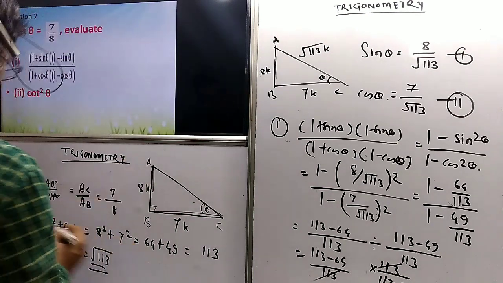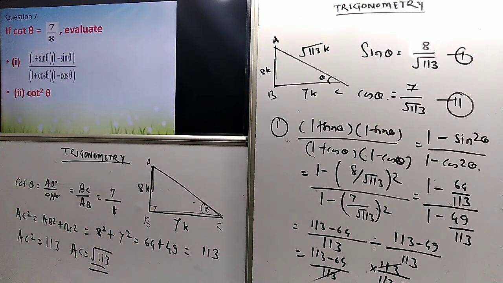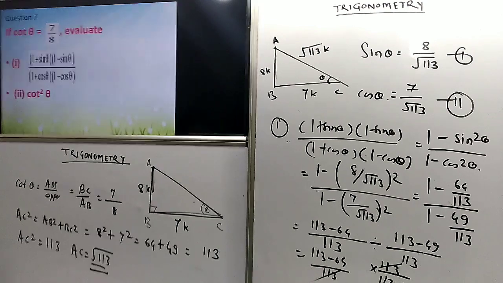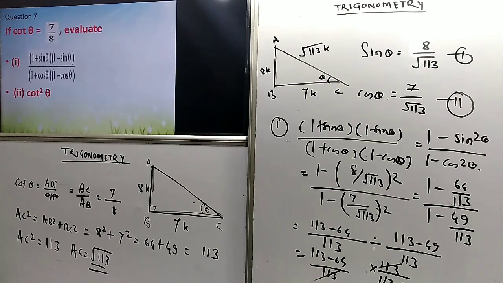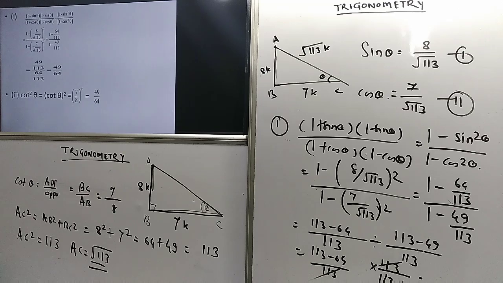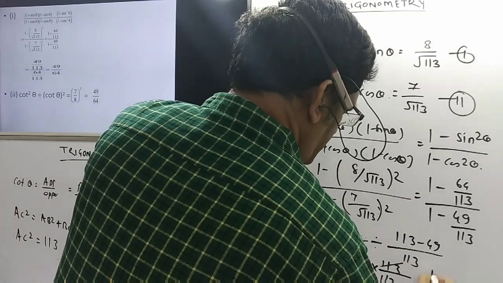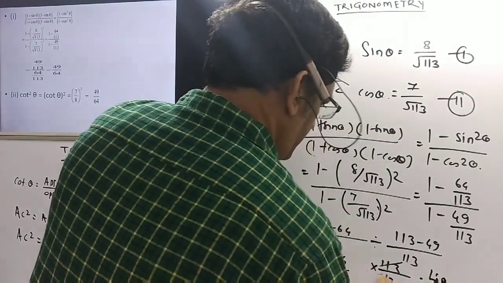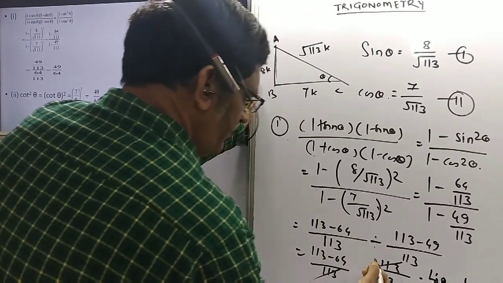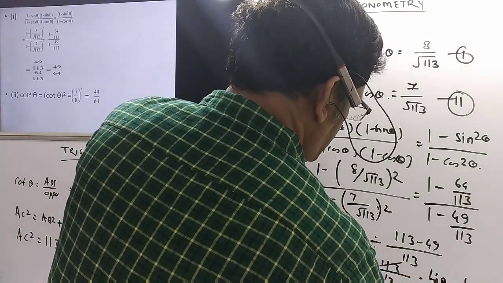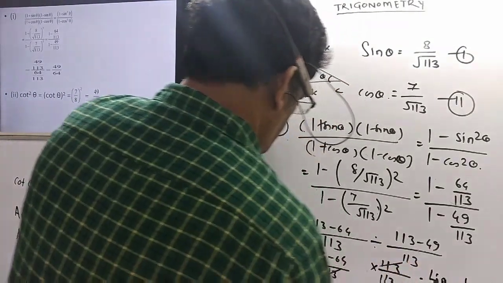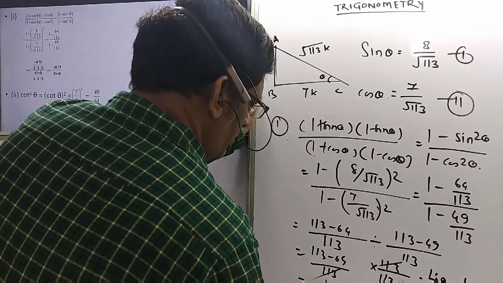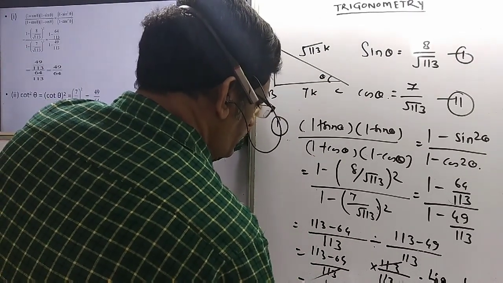This 113 gets cancelled, and remaining is to calculate 113 minus 64 and 113 minus 49. 113 minus 64 is equal to 49, and 113 minus 49 is equal to 64. So your answer is 49 by 64.